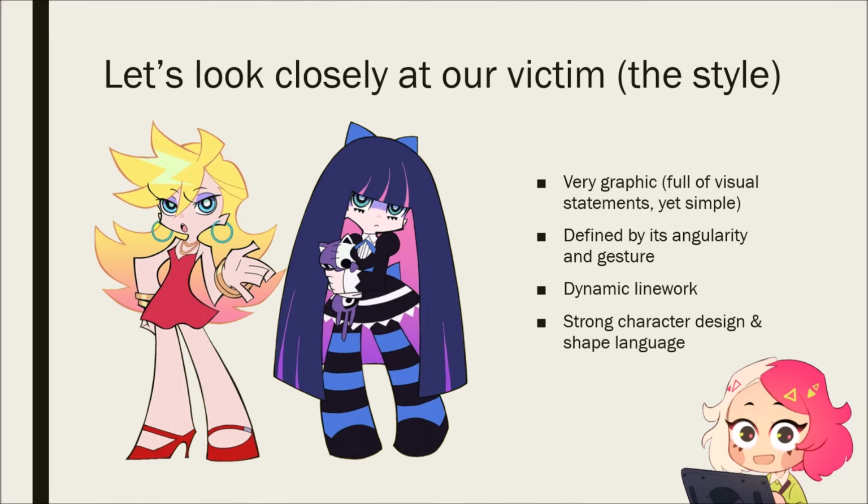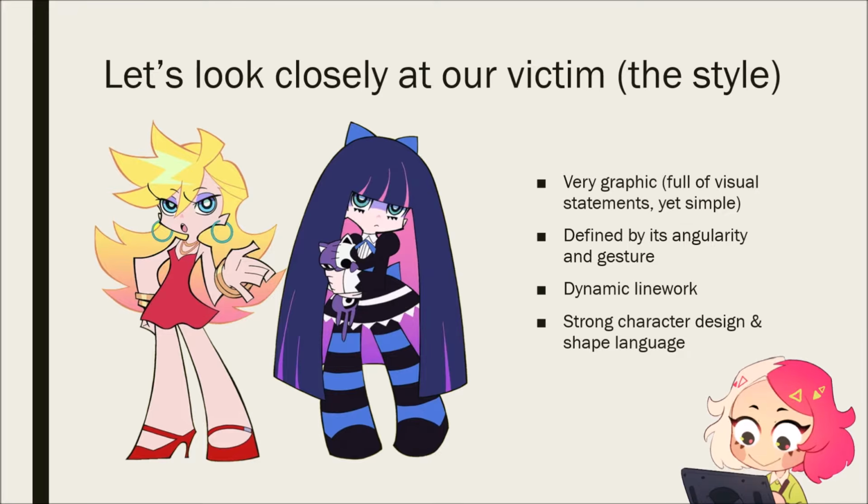So when we look at Panty and Stocking, what can we tell? What do we see? First things first, the art style itself is very, very graphic. It's defined by its angularity, the gesture, the line of action within the characters and their poses. There's a clarity to the way their bodies are positioned and structured.